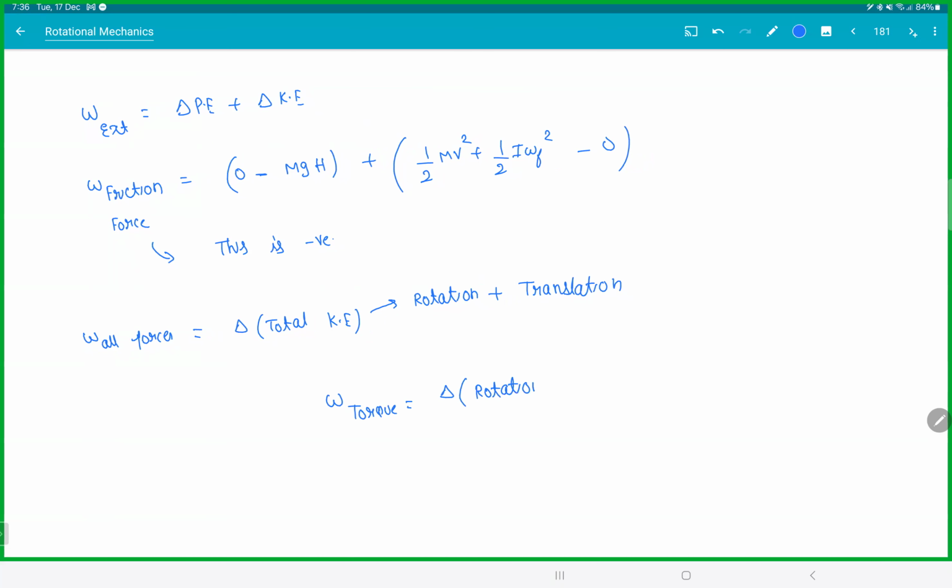There. So forces can change both translation and rotation, because forces can create torque, they can change omega. Forces can change velocity, but torques can change only omega. So work done by frictional torque is half I omega square, which is actually positive.